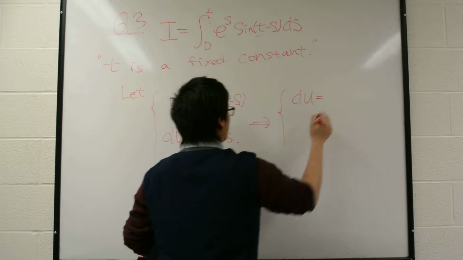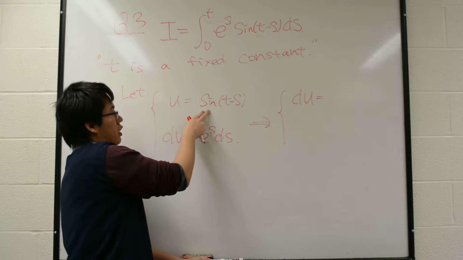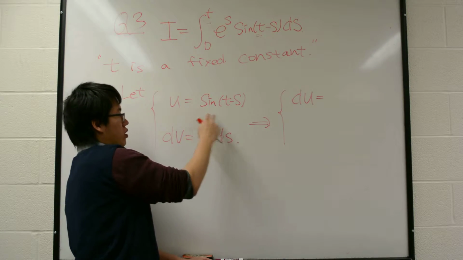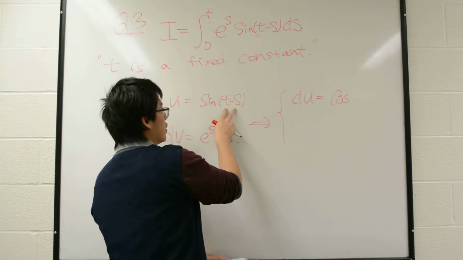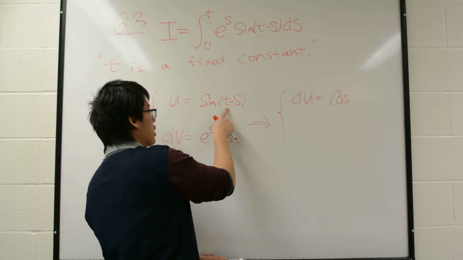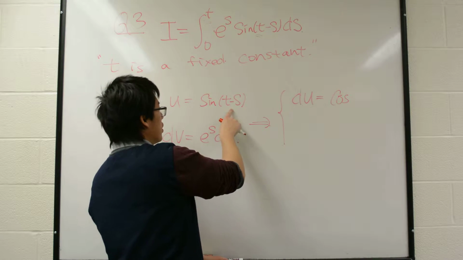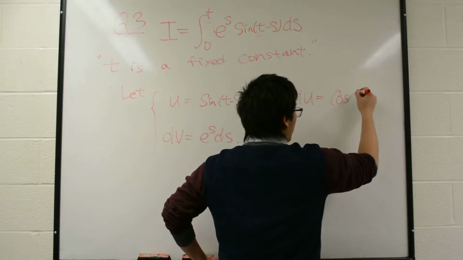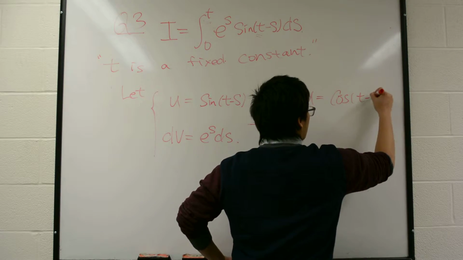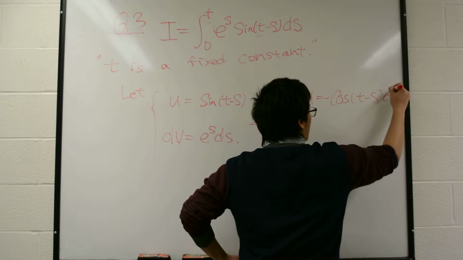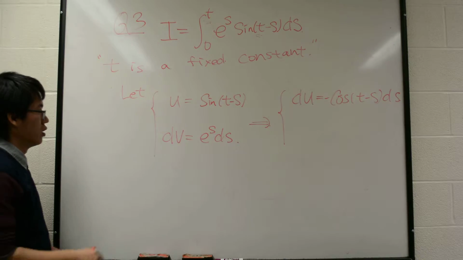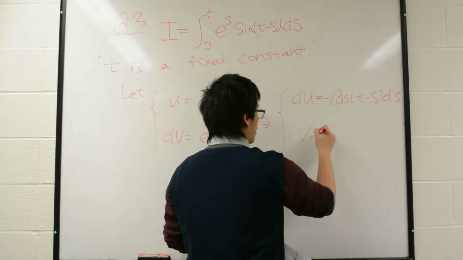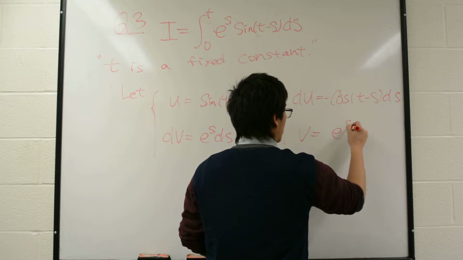du is equal to the derivative of sine, which is cosine, and the derivative of t minus s is minus 1. So we get minus cosine(t minus s) ds. So v is e to the s.